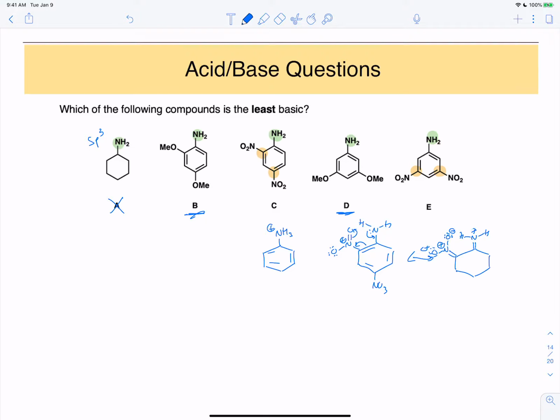You can see that there's a resonance structure that already puts a positive charge on this nitrogen, and you'd be able to draw another one of these resonance isomers by using the nitro at the bottom as well. So the lone pair you're trying to use as a base to take a proton is already having all of its density being pulled away by these nitro groups. And this leads to this aniline being by far the least basic of the series.